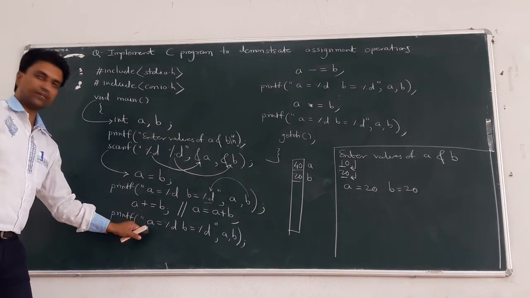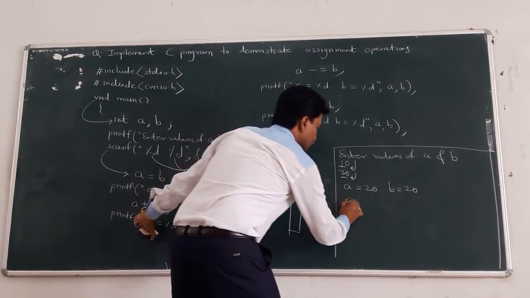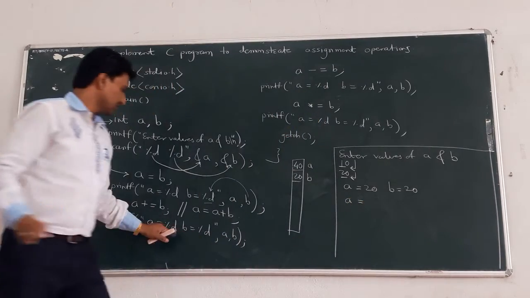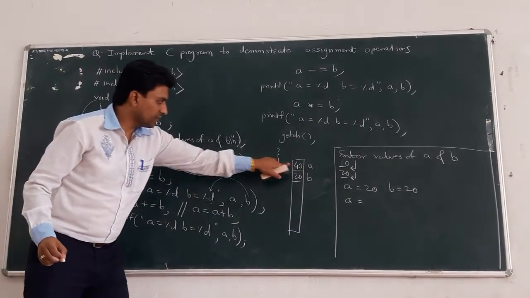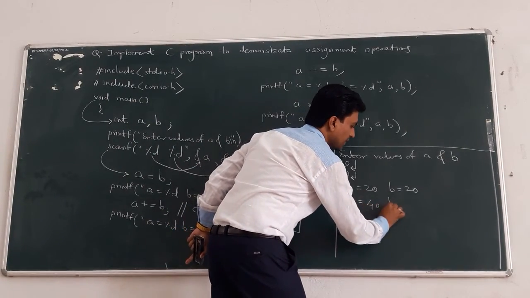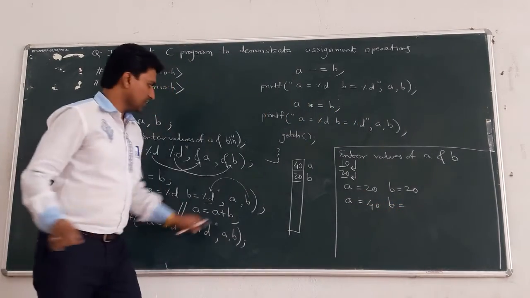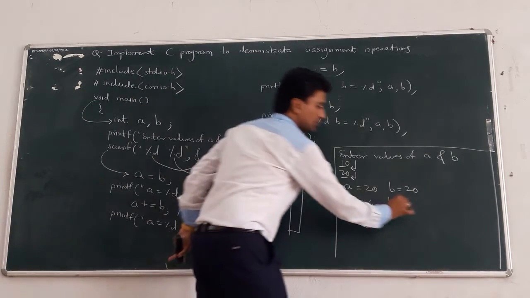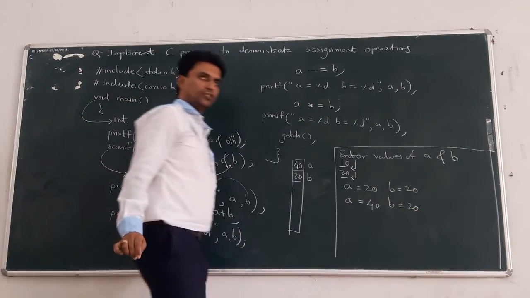Clear? After that, what is the message? A is equal to percentage D. Now what is the current value of A? 40. So A is equal to 40 and B is equal to, what is the current value of B? 20. So 20 gets printed on the console.